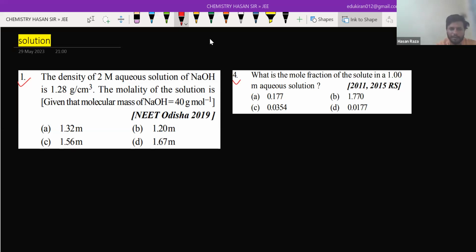Very good. Go for question number 2 on the right hand side. Yes, M is molality.